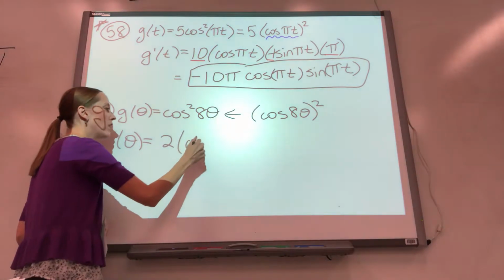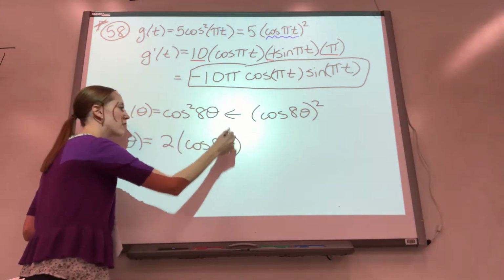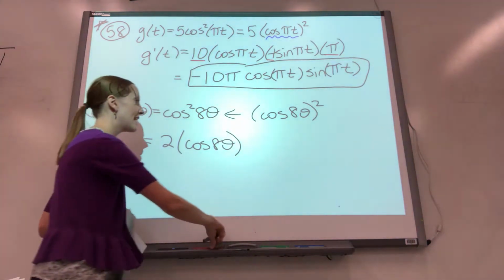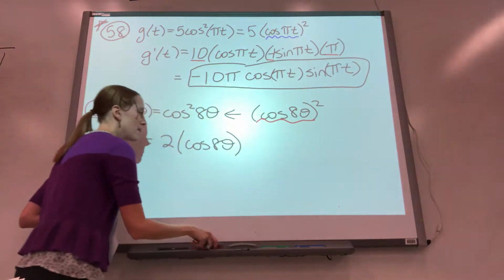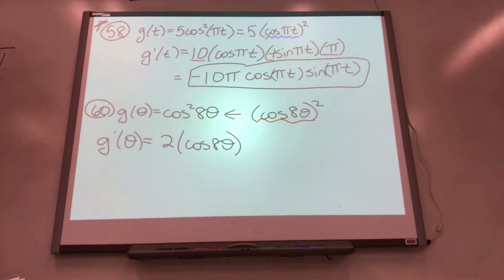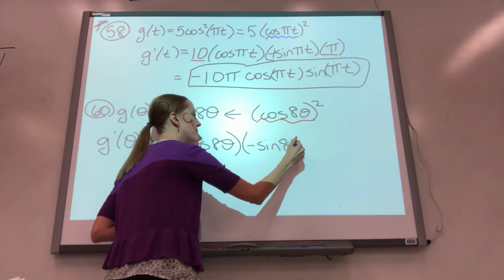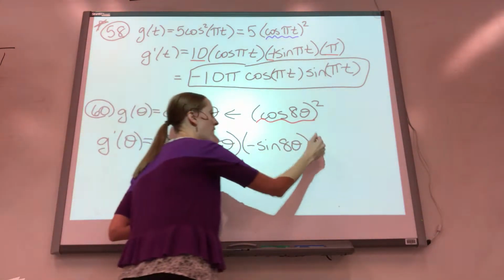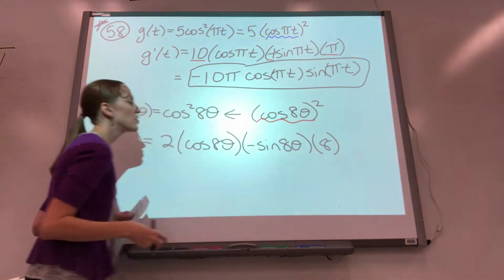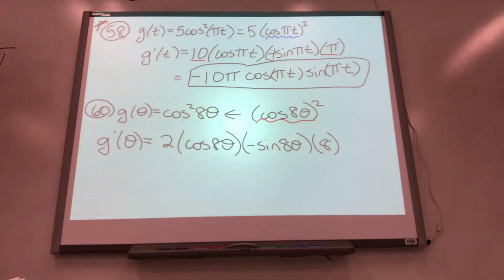I'm going to pull my power out front, make it to the one less, come back and take the derivative of the part in parentheses. Derivative of cosine is negative sine, but then derivative of 8 theta is just 8.